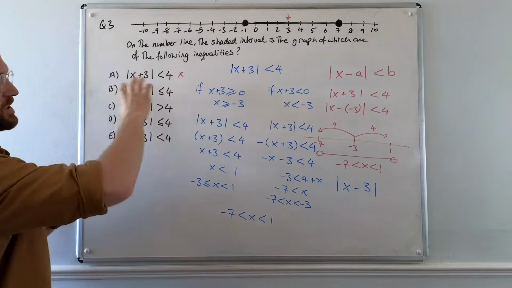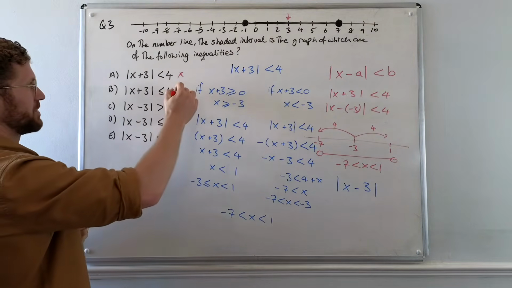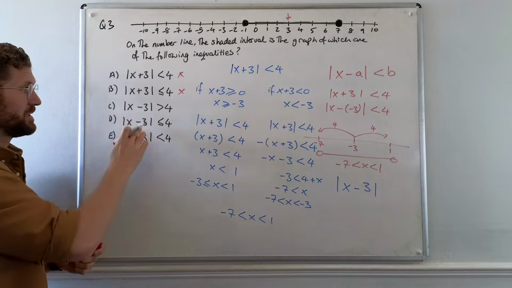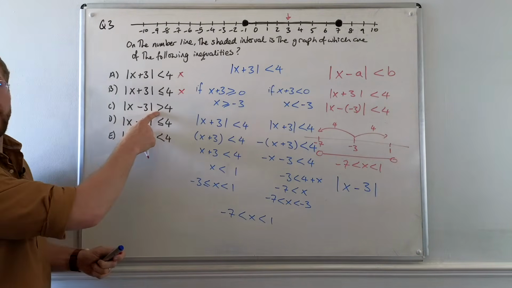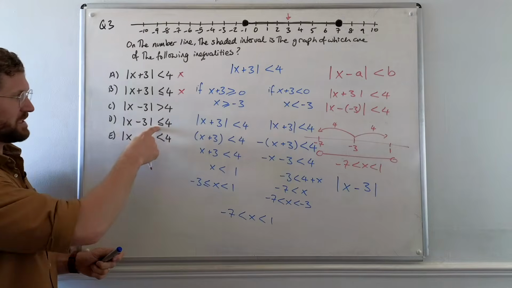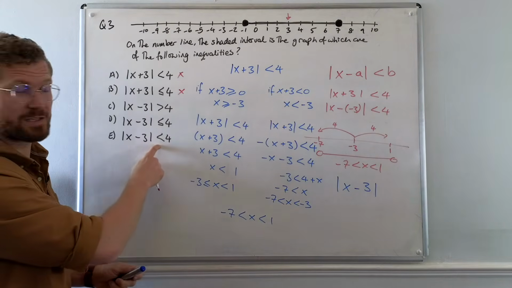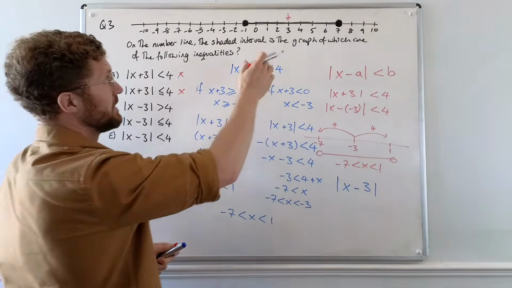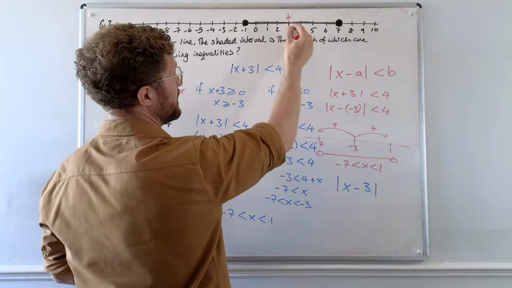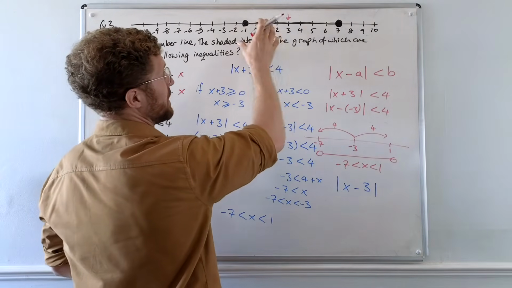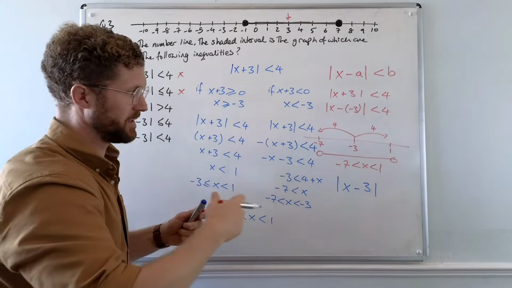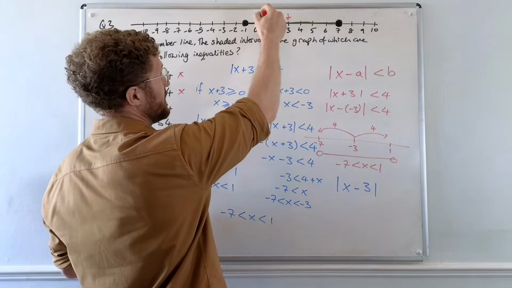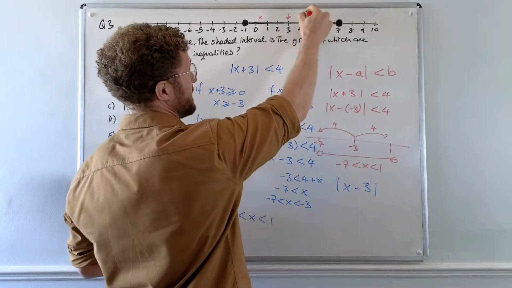So in that case, we've already crossed out A, but we can definitely cross out B as well. And now we're dealing with C, D, and E. Now you'll notice that C has the greater than sign, whereas D is less than or equal to, and E is less than. In this case, what we're saying, this shaded bit is less than, so we're putting an upper limit on it. x could be here, x could be here, x could be here.